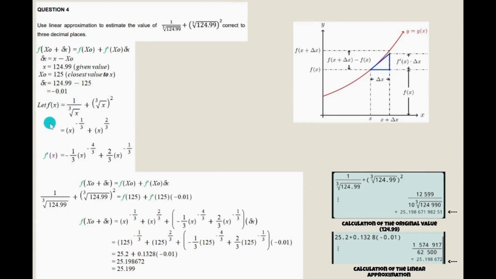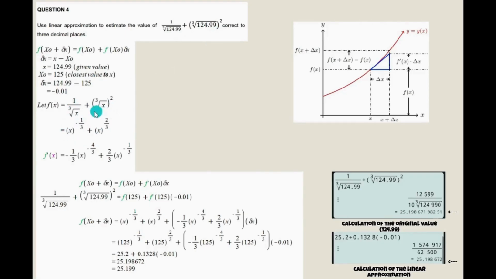So then we're going to find the function of x. To do that, we have to change the value of 124.99 in this whole equation into the variable x. So we'll get 1 per cube root of x plus cube root of x with the power of 2.